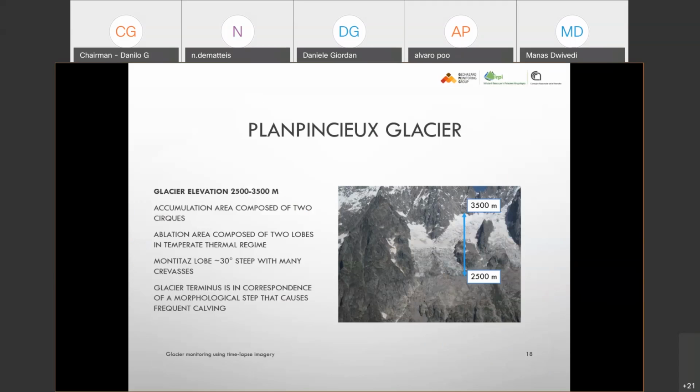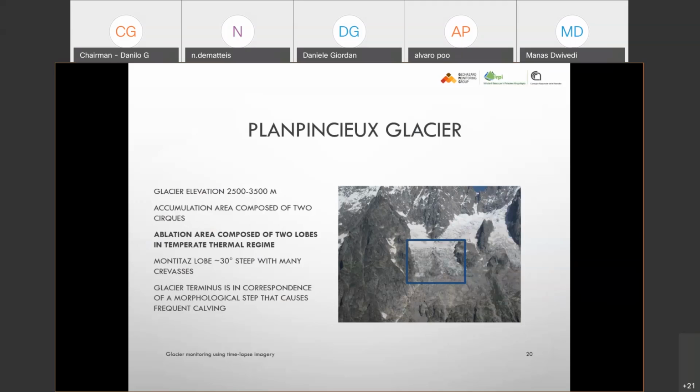The elevation of the Planpincieux glacier ranges between 2,500 and 3,500 meters, and therefore the accumulation area is partially cold-based, and it is composed of 2 circuits that merge in a plateau from which starts the ablation area that is in temperate thermal regime.